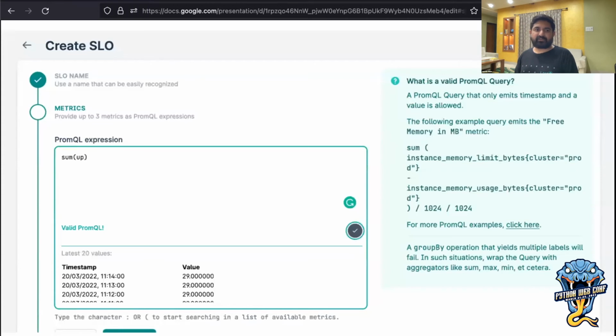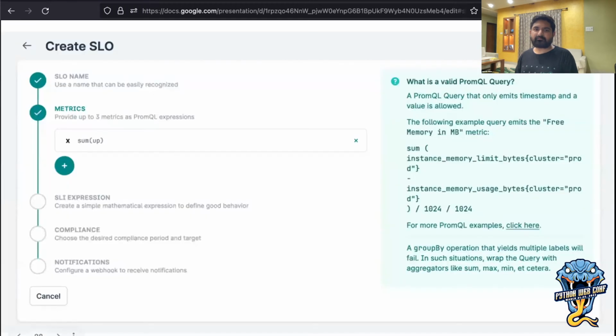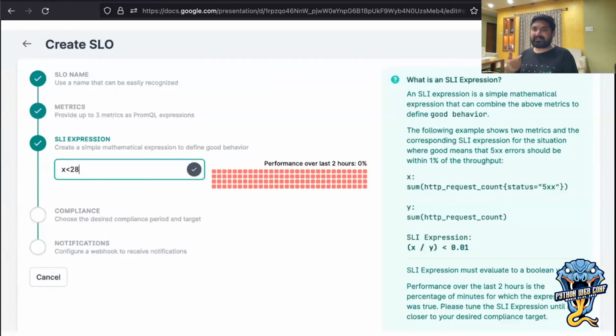So I said sum of up, and I can see the latest 20 values. It's mostly around 29 at this moment. So this is the metric I selected. Then the SLI expression, which you talked about, the target for your SLI. So if I say sum of up should be less than 28, I can see over the last 2 hours, I'm not really reaching the target right now. So I should really set it a little higher at this moment.